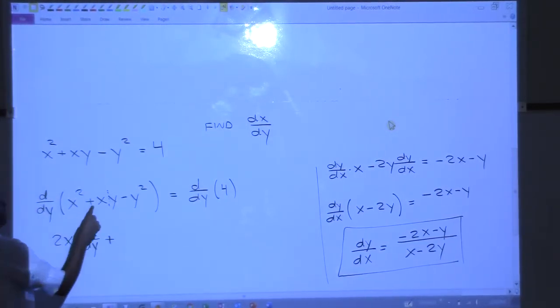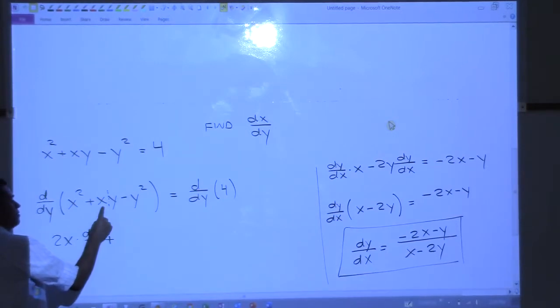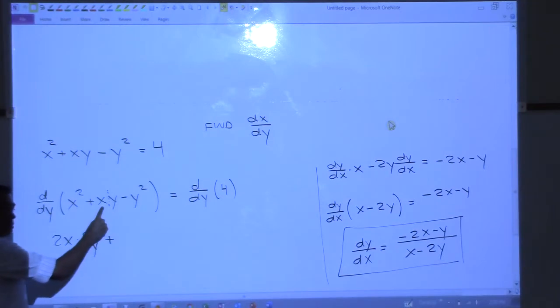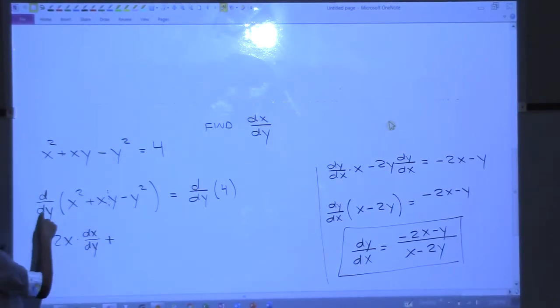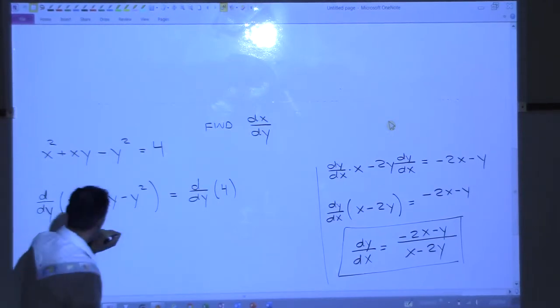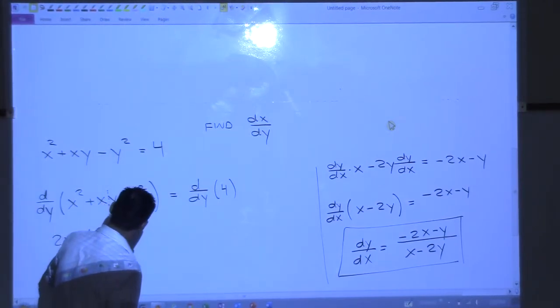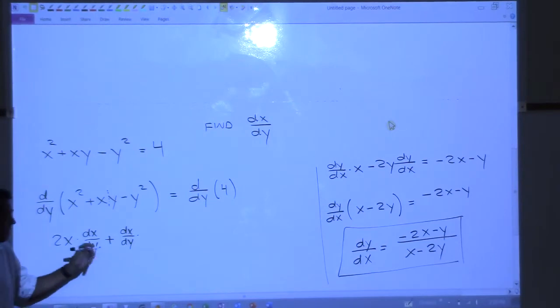Okay, so when we do the product rule here, we have to take the derivative of this one times this one plus the derivative of this one times this one. But we're differentiating now with respect to y. So what's the derivative of this one with respect to y? dx/dy. Now times what? Times y.